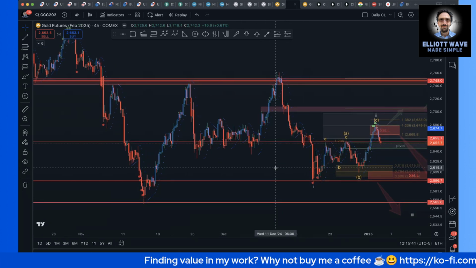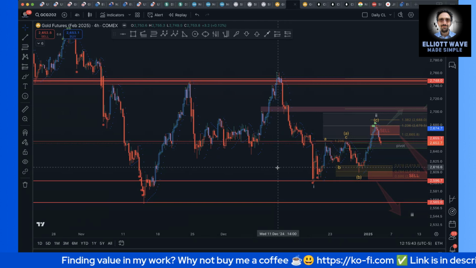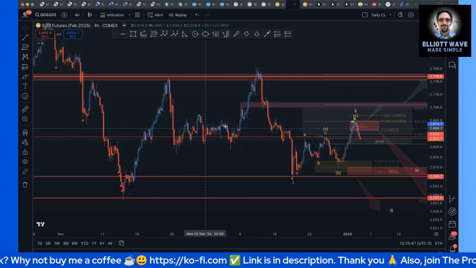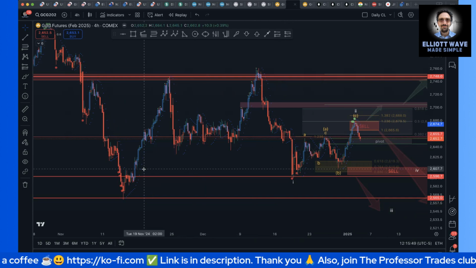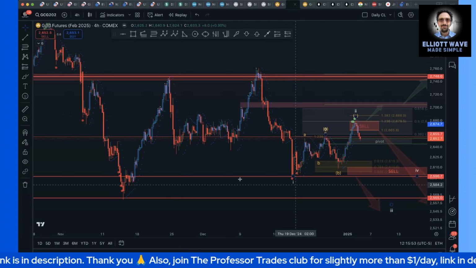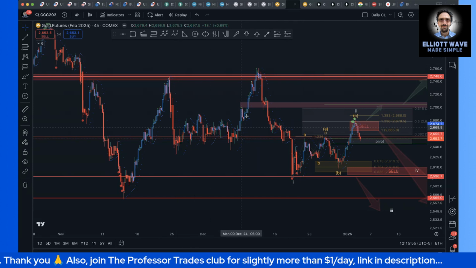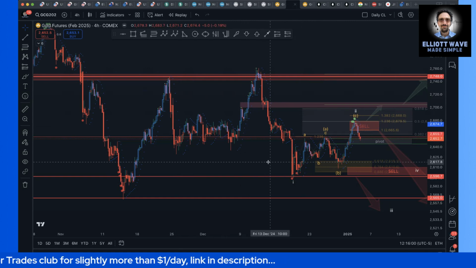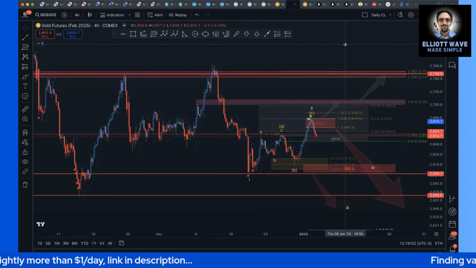That has me thinking it's more of a correction. And it can't get any traction to the upside. Yeah, it has these moves to the upside, but then you have what looks more impulsive to the downside. When it moves higher, it's moving higher more correctively. When it moves down, it looks more impulsive. So to me, that's a clue.